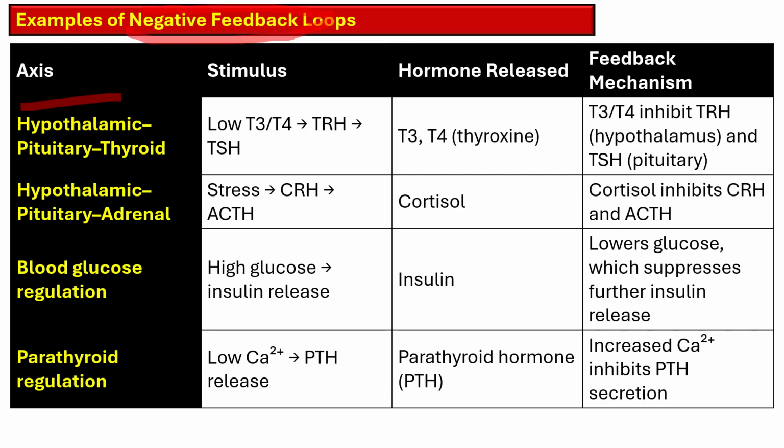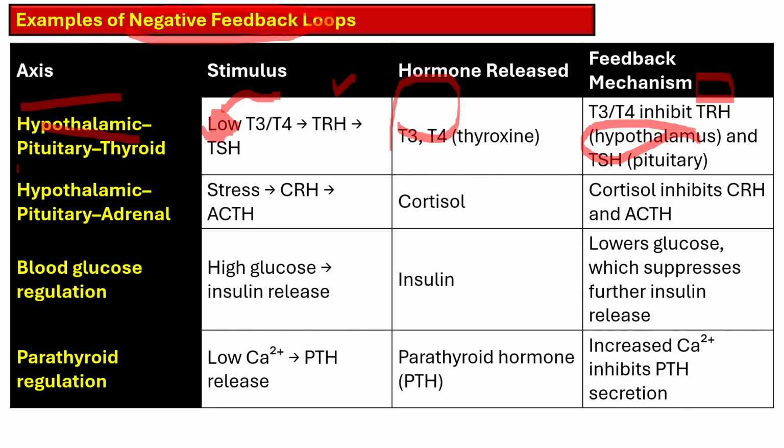In the hypothalamic pituitary thyroid axis, whenever there is low T3 or T4, thyrotropin releasing hormone is secreted that stimulates the TSH secretion, which causes the release of T3 and T4. T3 and T4 inhibit the TRH that is released from the hypothalamus, and TSH from the pituitary.